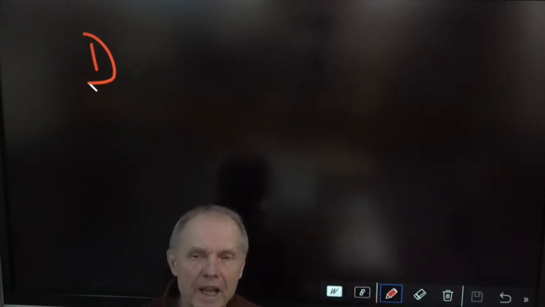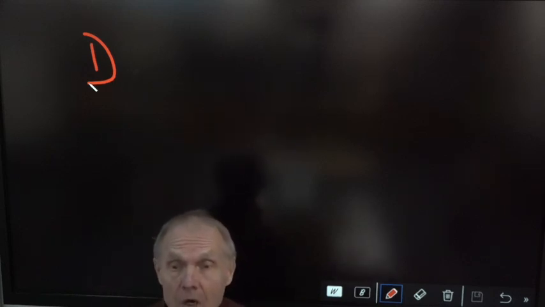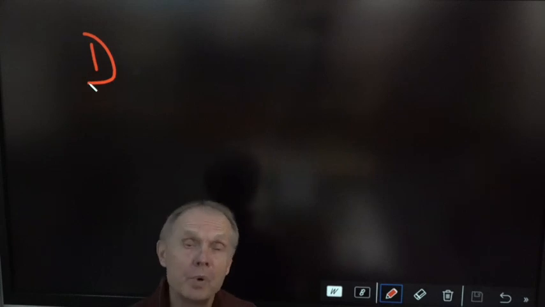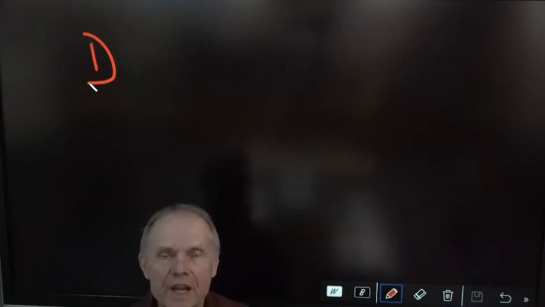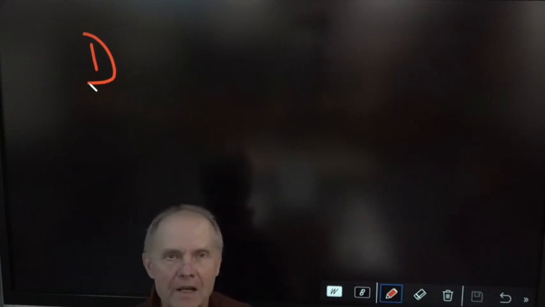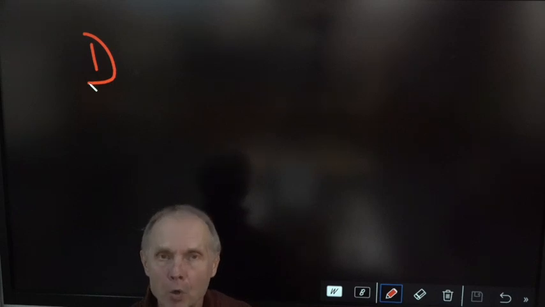We can think of it as poles, like the North Pole and the South Pole of the Earth. One pole is slightly positive, one pole is slightly negative. So the name of this bond or this molecule is polar, and we're going to call it a polar bond.